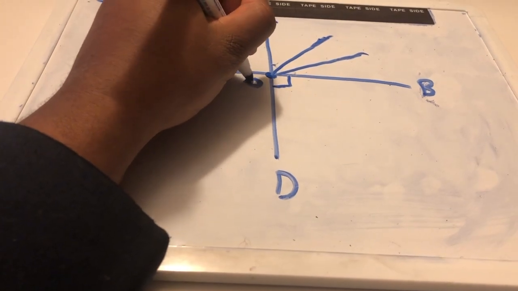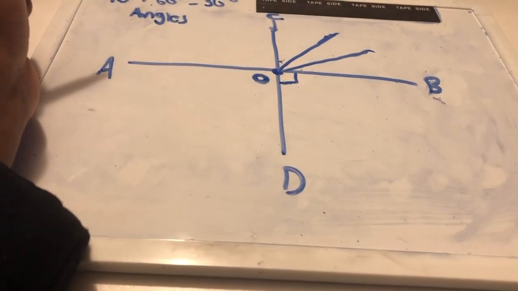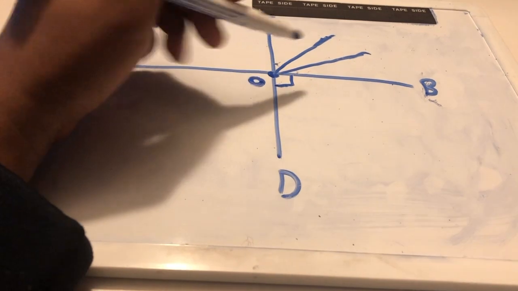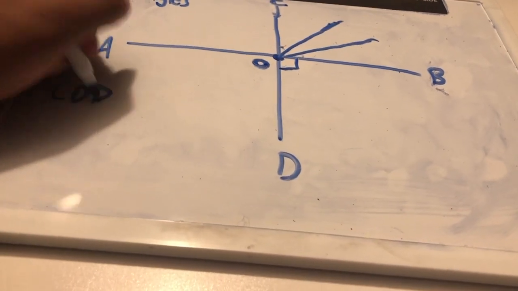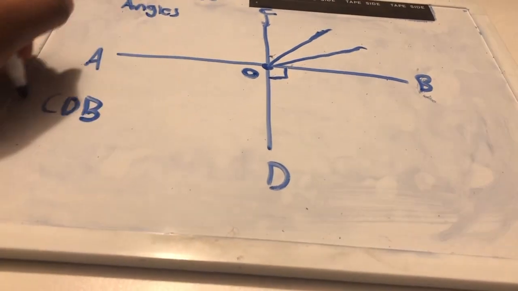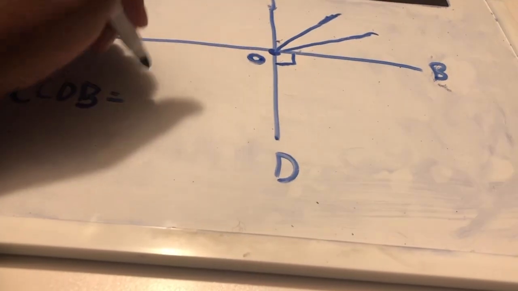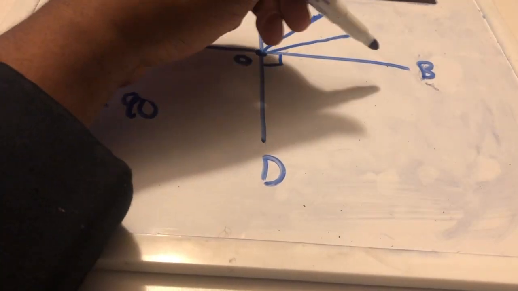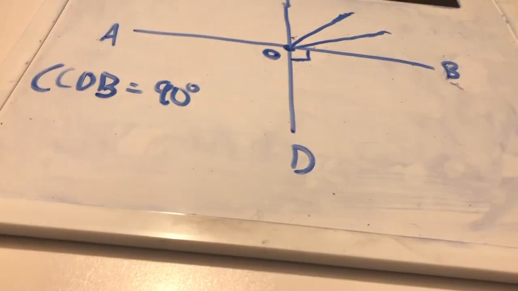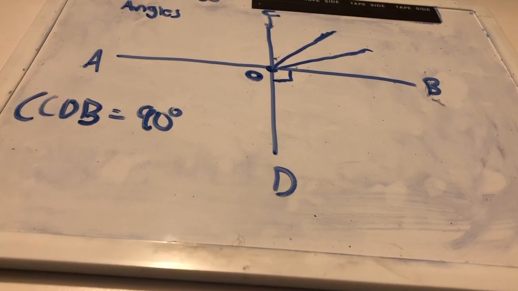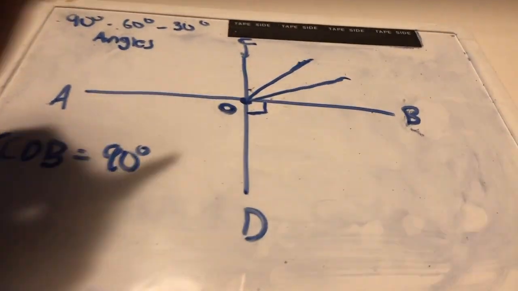So if I were to dissect this right off the bat, I know that I have an angle COB, angle COB should be 90 degrees. If we're looking at the whole thing, we're looking at a 90-degree angle. But finding 60 and 30, we have to bisect the lines.